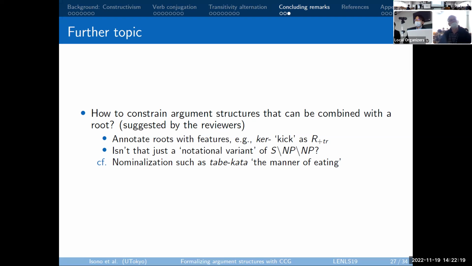Okay, thank you. So you're right in saying that tonda was originally tobuta, and there is some historical change involved.